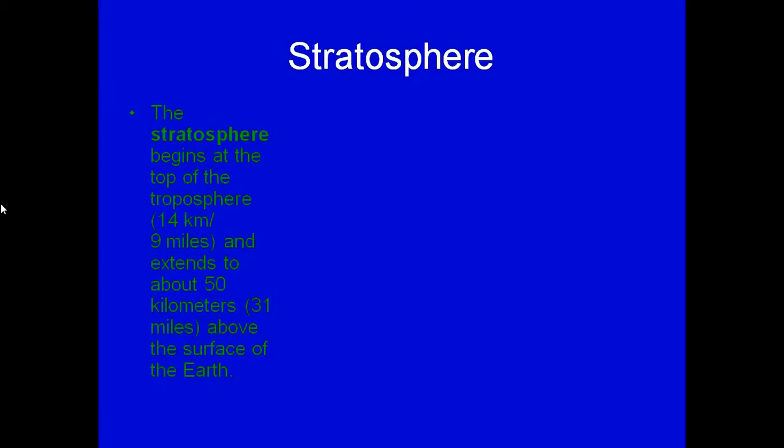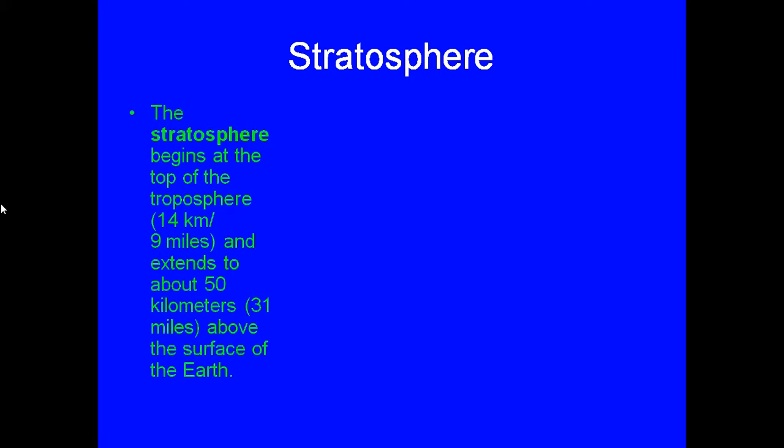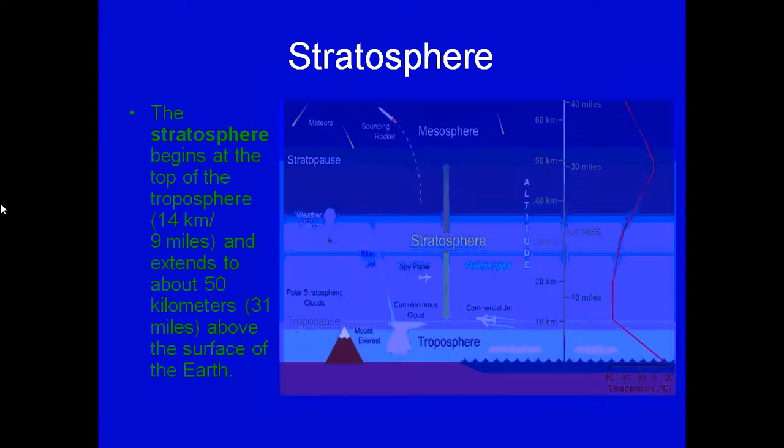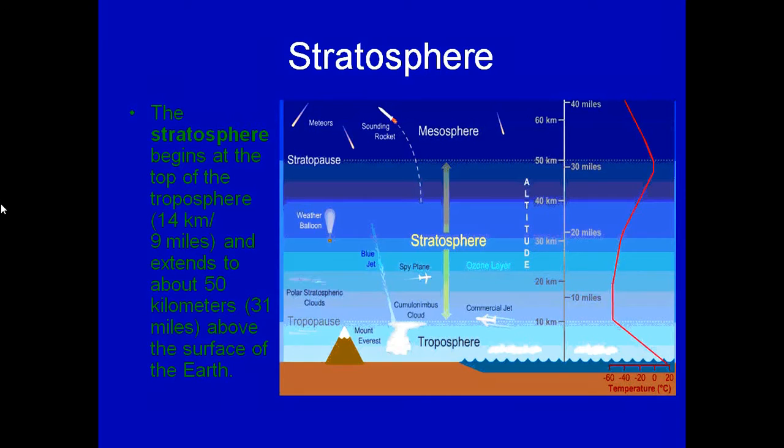Stratosphere. The stratosphere begins at the top of the troposphere and extends to about 50 kilometers above the surface of the Earth. Notice the troposphere below, stratosphere is next, and then the mesosphere would be after that. If we were traveling on a weather balloon, it would most likely be found in the stratosphere.